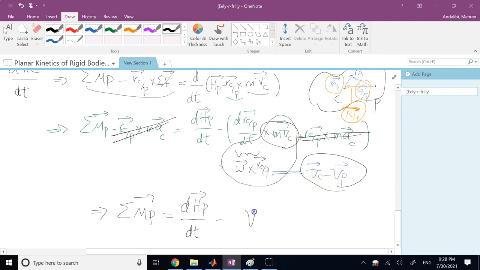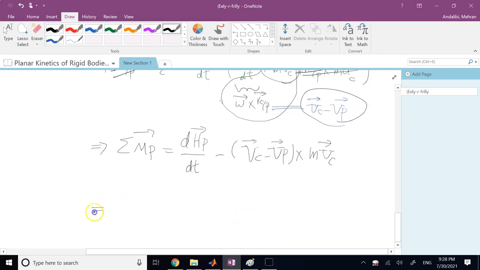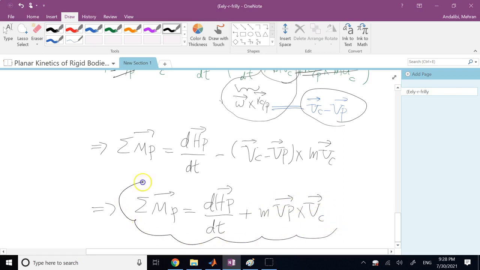Vc minus Vp cross MVC. Well, clearly VC cross VC is 0. These two negatives would cancel, so you'll get your final equation to be sum of moment about P is equal to dH with respect to P over dt plus m Vp cross Vc. So you should write it like this.